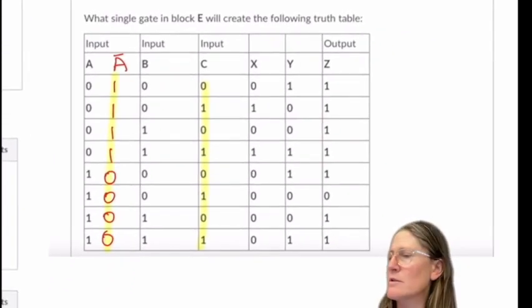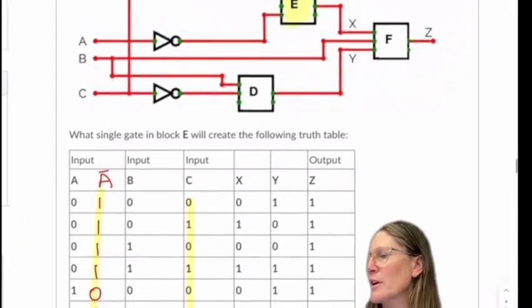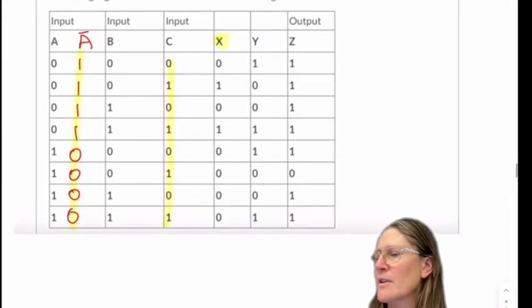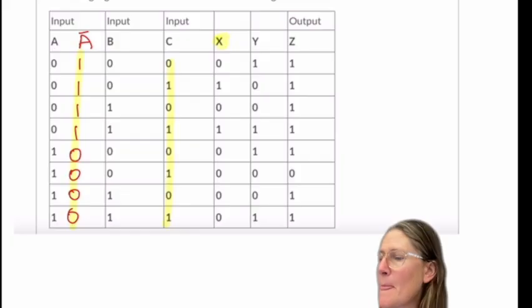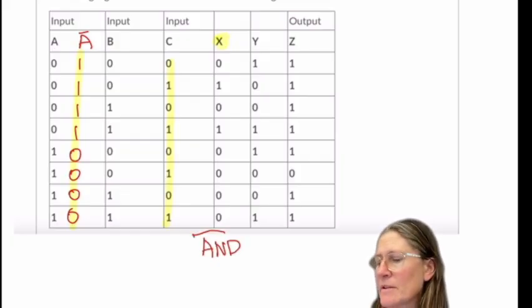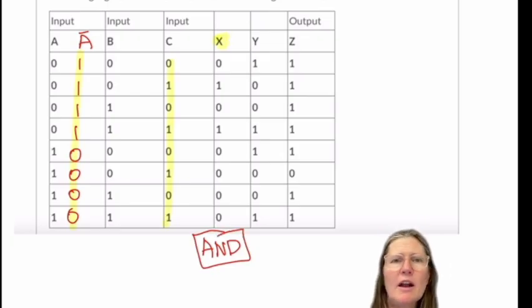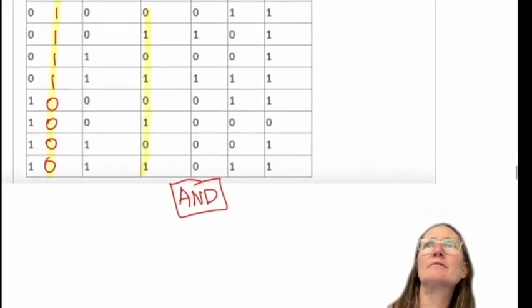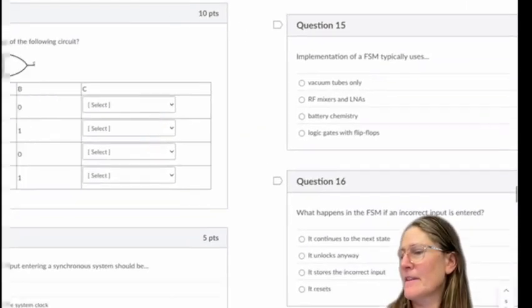So what will give me the output? It was X, right? X. So an AND gate would give me that output. All right, any questions on these?